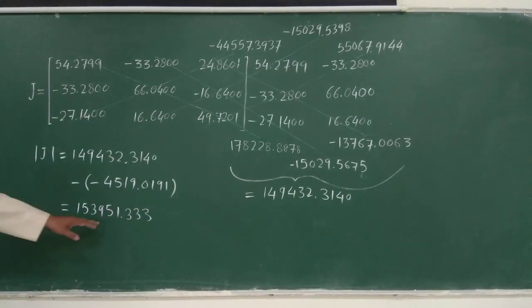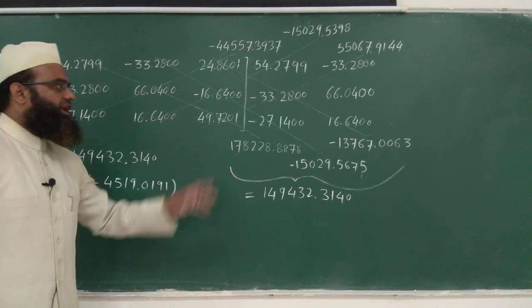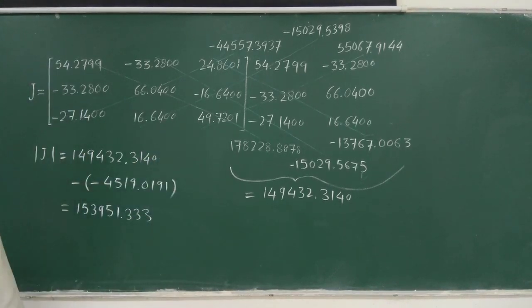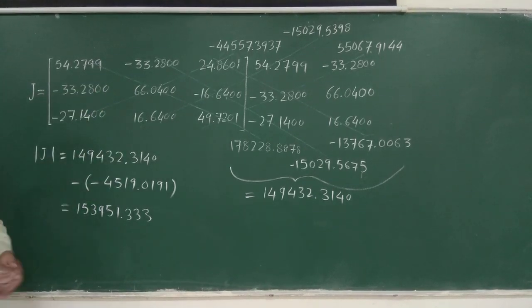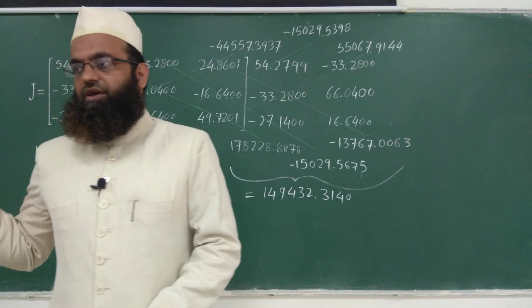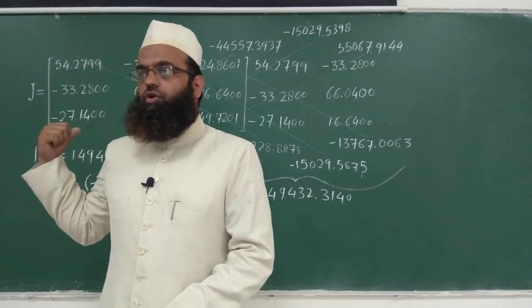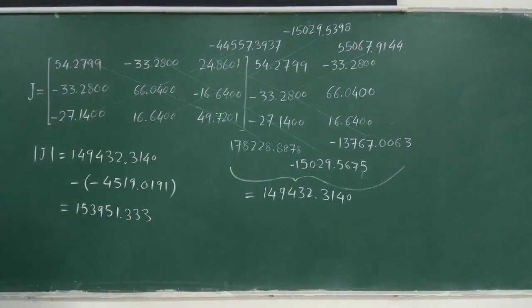So note down this value of determinant J and cross check it at home with your conventional method, whatever method you have to get the determinant of a 3 by 3 matrix. Okay, just note down this. So we have evaluated determinant J. Next, we have to evaluate adjoint J, and we will take the ratio of these two. So finally we will get the inverse of J. So next, evaluate adjoint J.